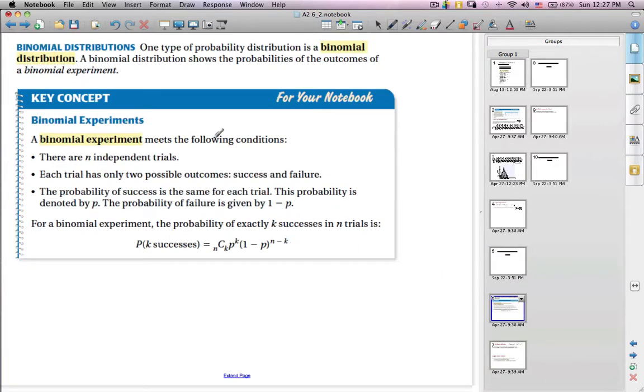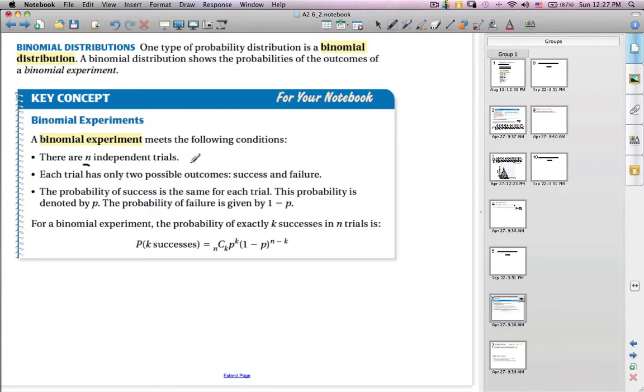Now, a type of probability distribution is a binomial distribution. And a binomial experiment meets the following conditions. There are a certain number of independent trials.